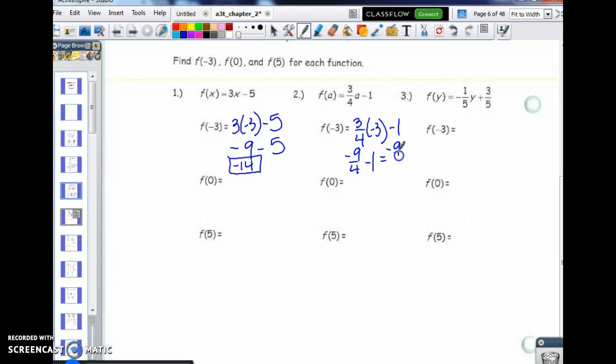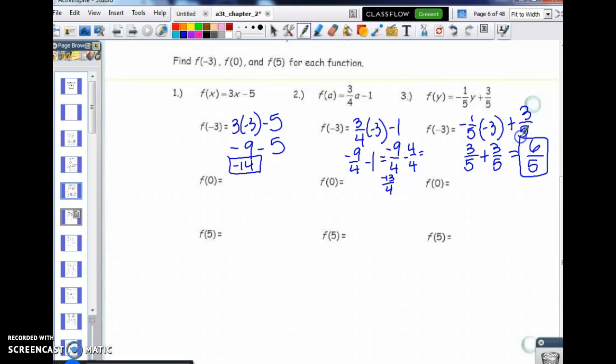I want common denominators, -9 fourths minus 4 over 4. It's going to give us -13 over 4. Then -1 fifth times -3 plus 3 fifths: negative times the negative is a positive, so I have 3 fifths plus 3 fifths, which gives me 6 fifths for this one.